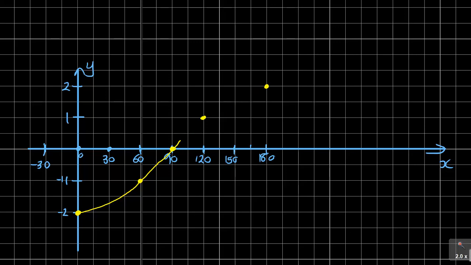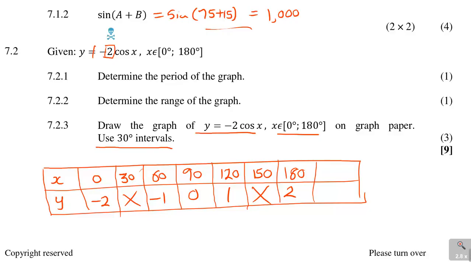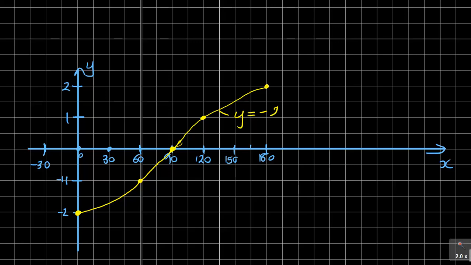Anyway, I'm missing on that one, but I think you are getting the idea. You need to come up with a smooth graph, and you'll have here y is equal to, it's the graph of -2 cos x. All right, so this is the graph that we're supposed to have.